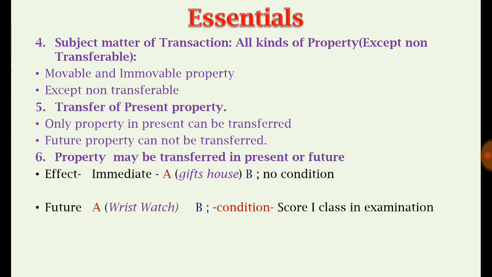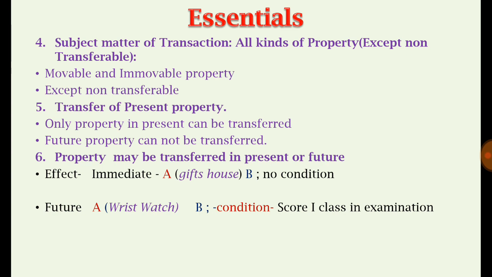And we must see how a transaction is completed in the future. For example, A completes a transaction which provides for giving a wristwatch as a gift to B, but for that purpose he provides a condition to be fulfilled by B, and that is that B must score first class in examination.